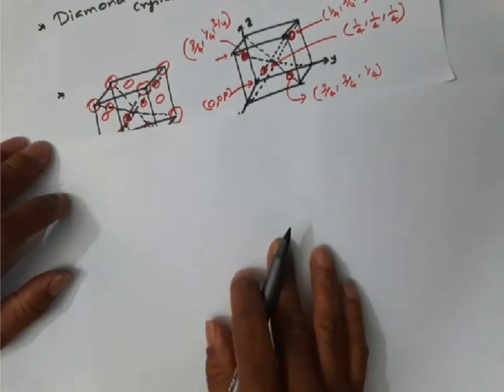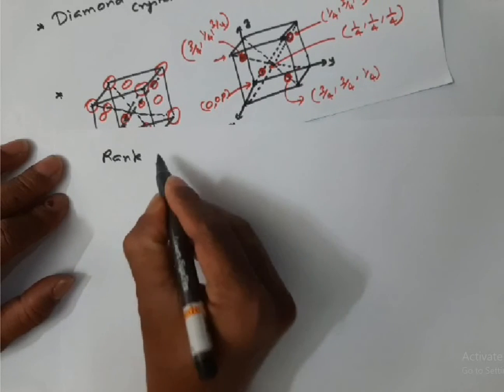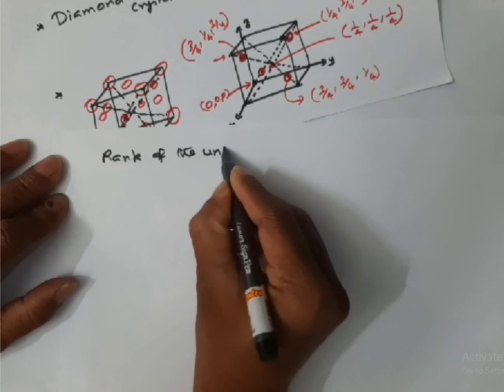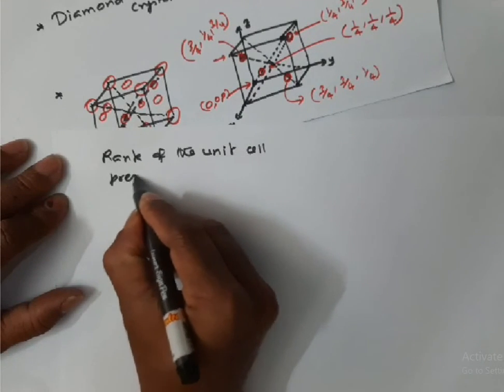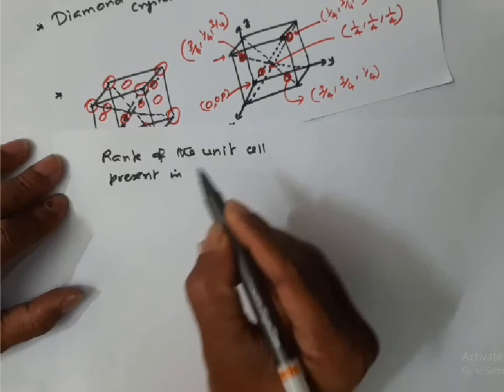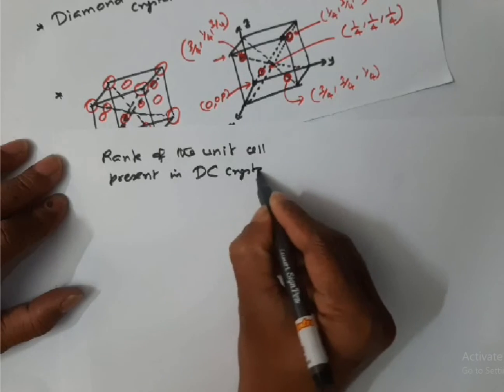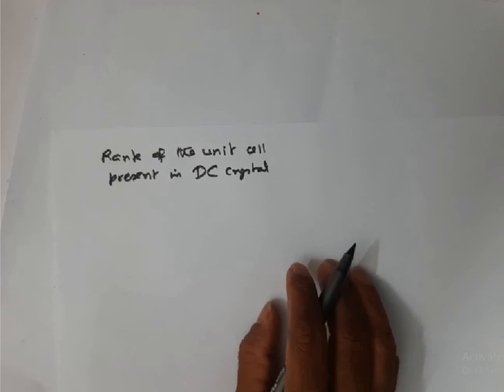Rank of the unit cell present in diamond cubic crystal. I wrote simply DC. DC means diamond cubic crystal.